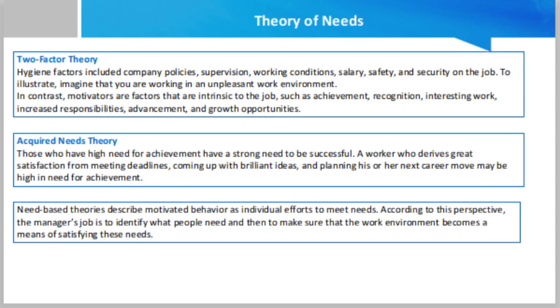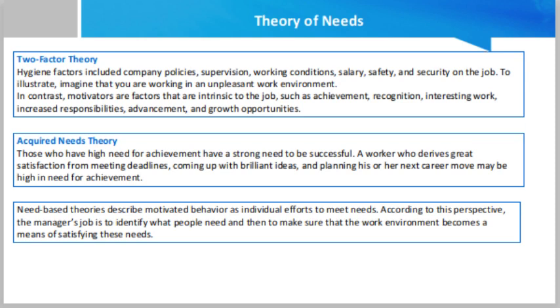Herzberg's research has received its share of criticism. One criticism relates to the classification of the factors as hygiene or motivator. For example, pay is viewed as a hygiene factor. However, pay is not necessarily a contextual factor and may have symbolic value by showing employees that they are being recognized for their contributions as well as communicating to them that they are advancing within the company.